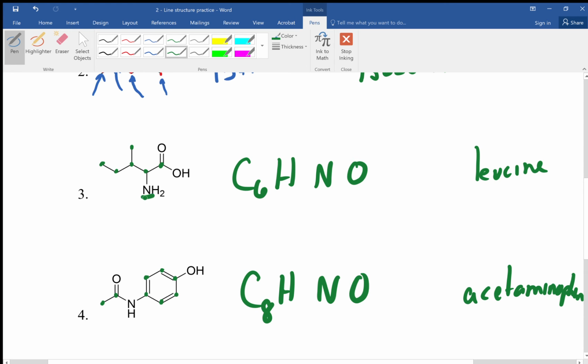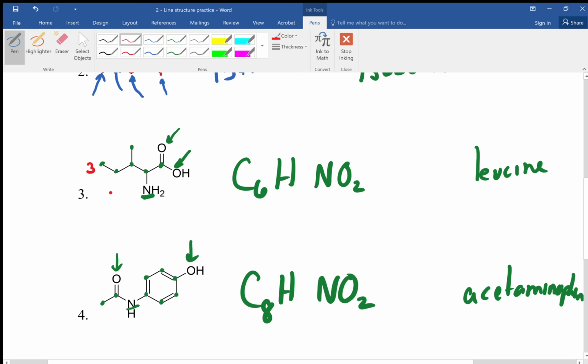Nitrogens, we have 1 in each molecule. So we know that we don't put a number there. We'll move the oxygen right up against it. And we also have 1, 2 oxygens here. And here in acetaminophen, we also have 2 oxygens. So it just remains for us to count up the hydrogens.